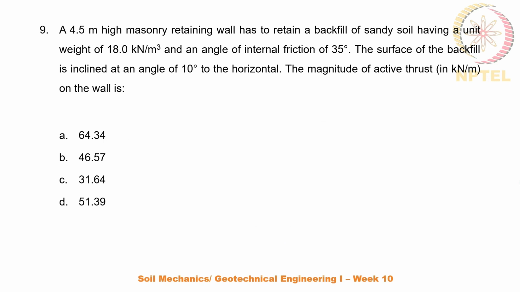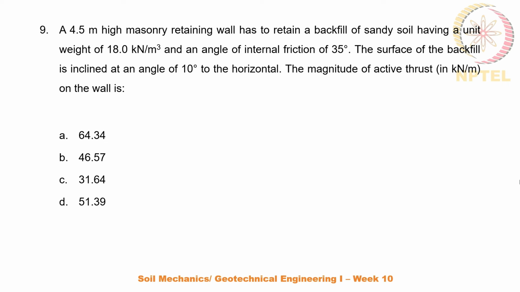Moving on to the next question. A 4.5 meter high masonry retaining wall has to retain a backfill of sandy soil having a unit weight of 18 kilonewton per meter cube and an angle of internal friction of 35 degrees.